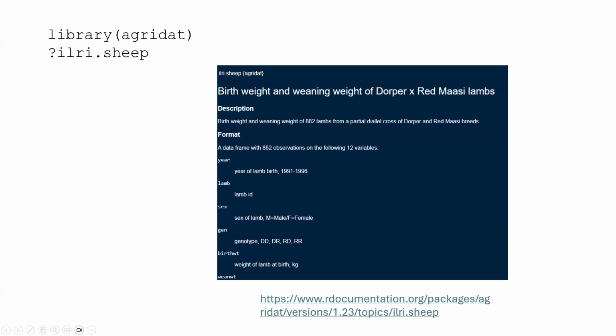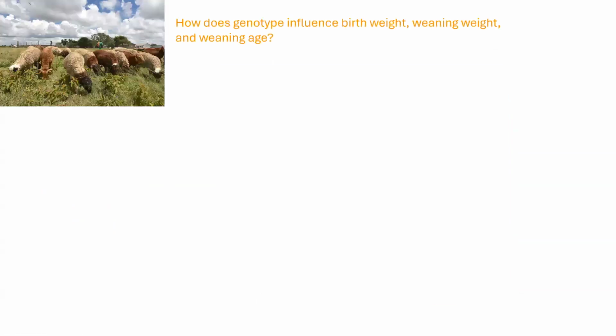I can look up the information about my data set, like here, and there's help documentation with all the variables and experimental design. But I can use this to start building my diagram. So here's my question. My treatment variable is genotype. I have four possible levels: the two homozygotes, Dorper and Red Massey, and the two heterozygotes, with either the mother or the father being Dorper.